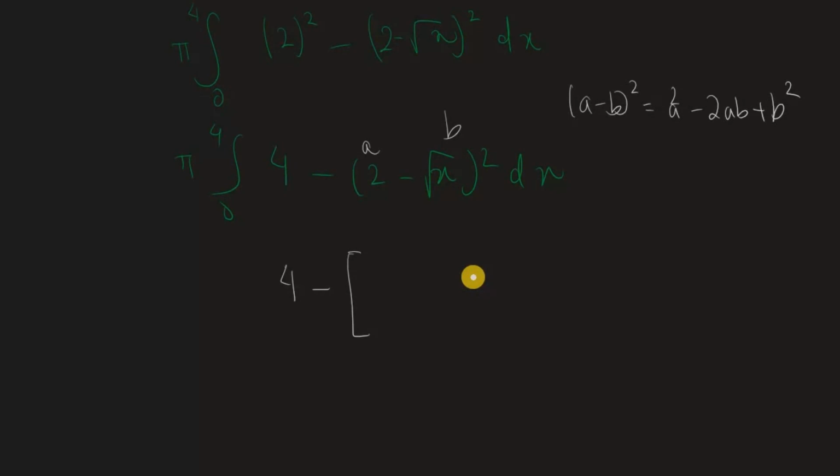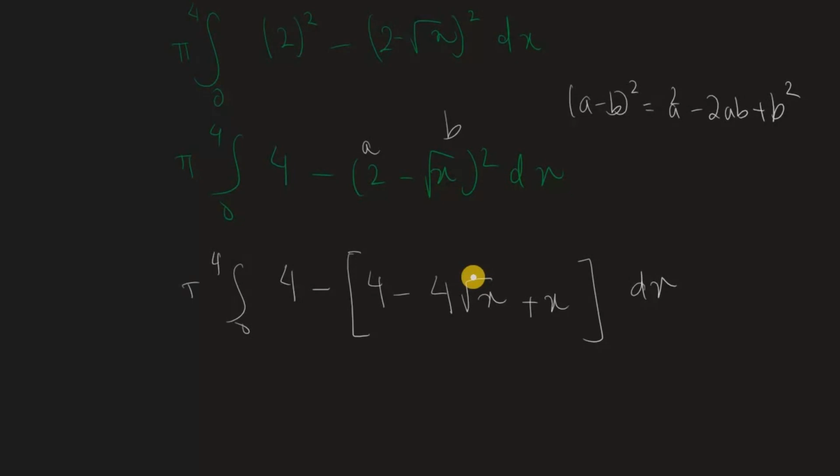Then minus 2ab: multiplying, that gives us negative 2 square root of x, and then multiplying with this 2, that would be negative 4 square root of x, and then b squared. So this is b, we're squaring it, so the square and square root cancel out, and we're left with positive x. And not forgetting the parenthesis.